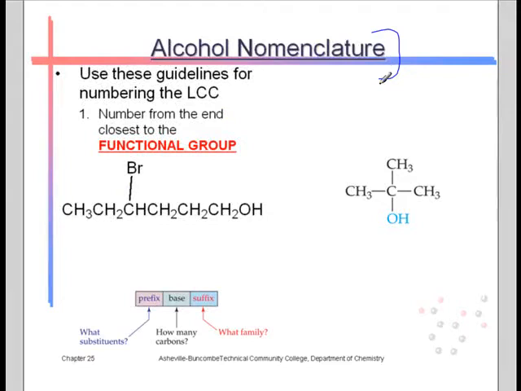alcohol functional group. And here what we do, this first rule here, is actually similar to what we saw with the alkenes and the alkynes in that last presentation. This idea that the functional group can tell us where to begin our process in terms of naming the compound.